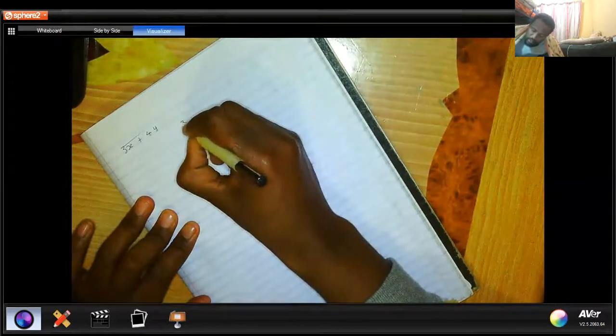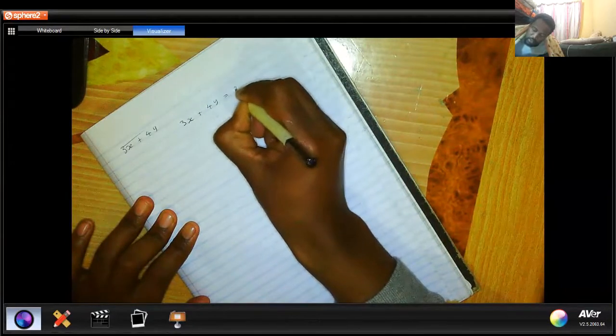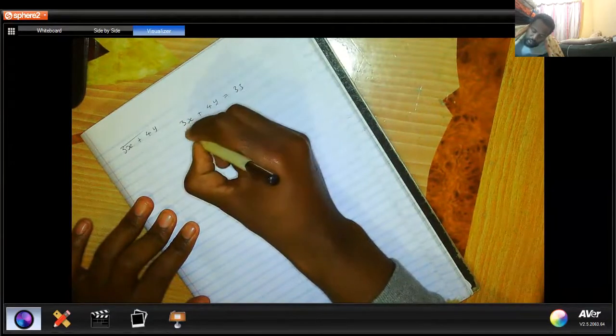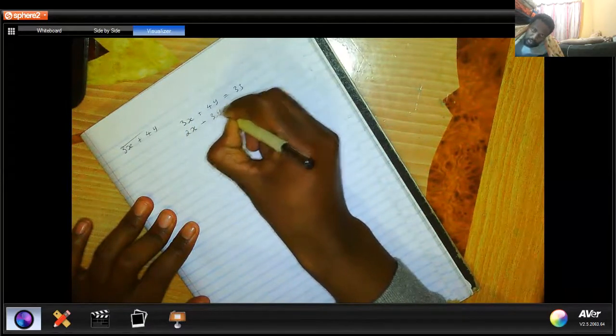So we have 3x plus 4y equal to 33. 2x minus 3y equal to 5.